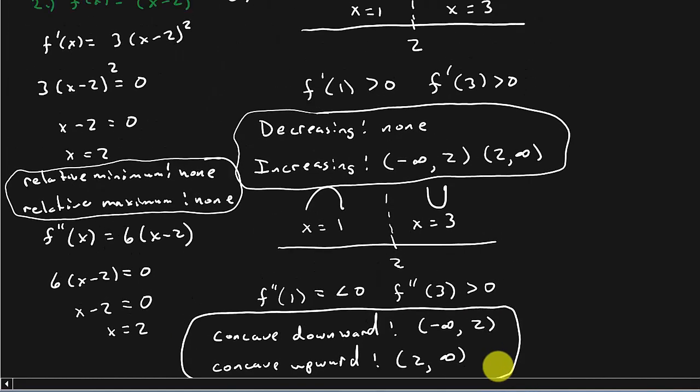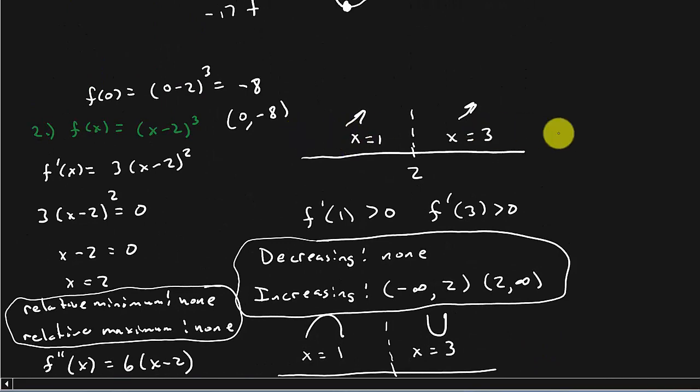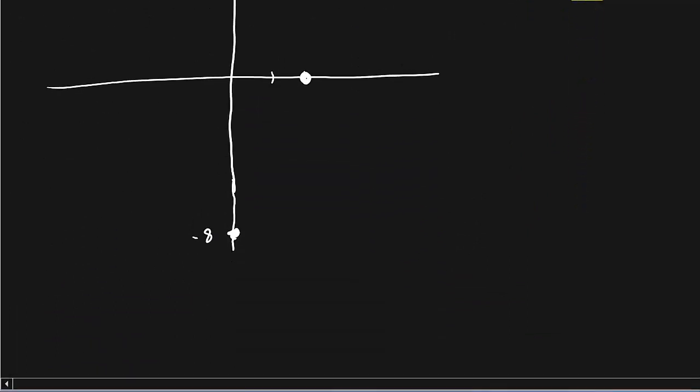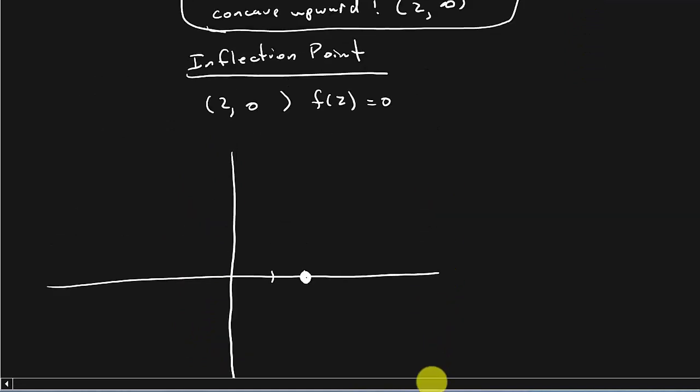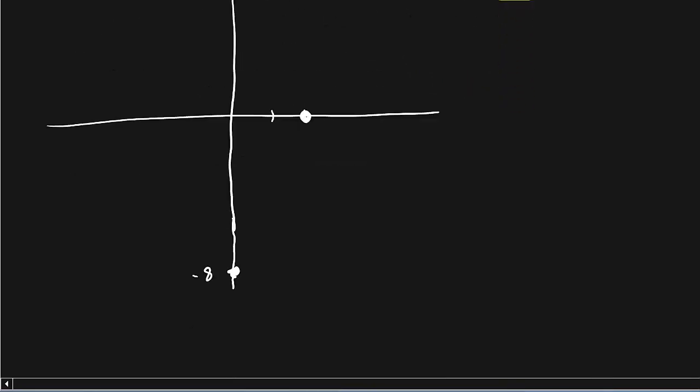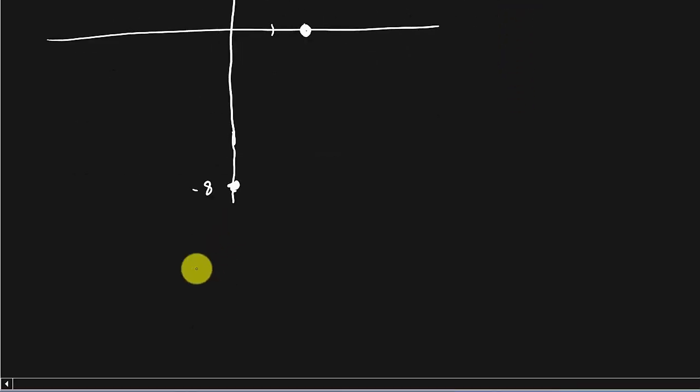Now, what is this thing doing? Well, the whole time from negative infinity to positive infinity, it's increasing. So look at that, it's coming here and it's increasing the whole time. But from negative infinity to 2, it's concave downward, so this thing is going to come in here like this.